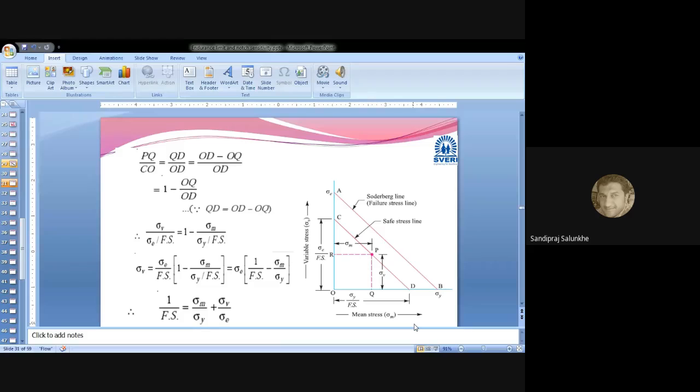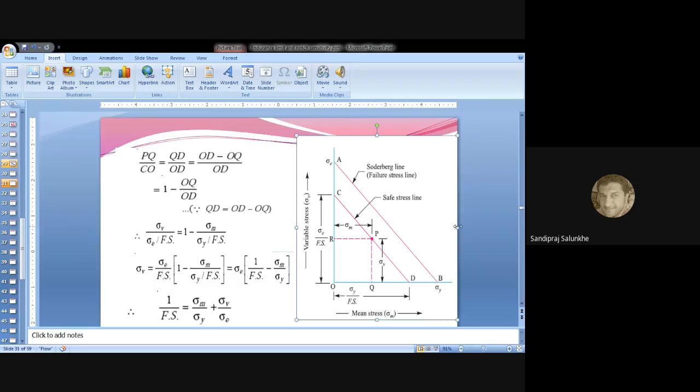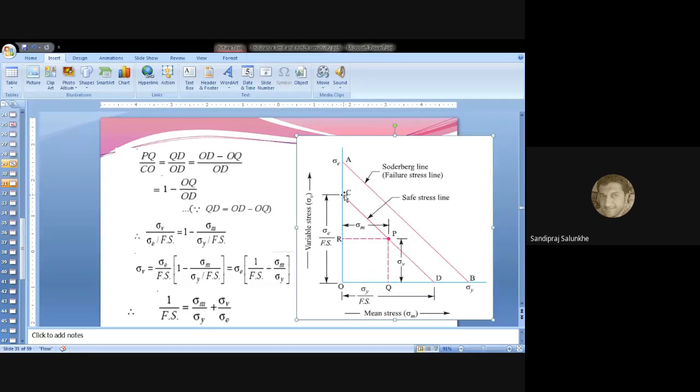Once again, as we have already mentioned in the Goodman diagram, these are the two similar triangles, COD and PQD.